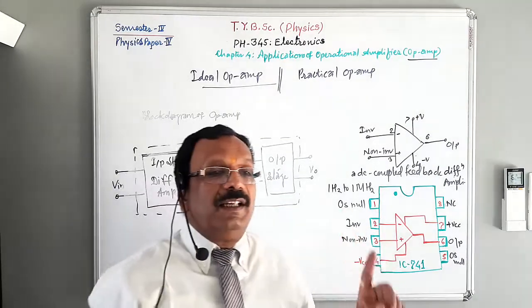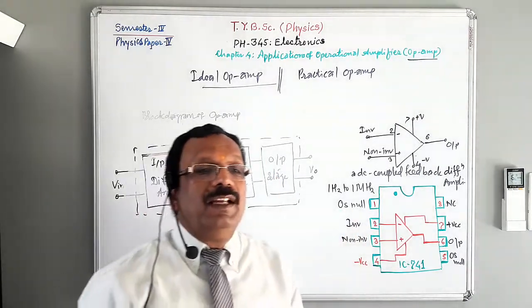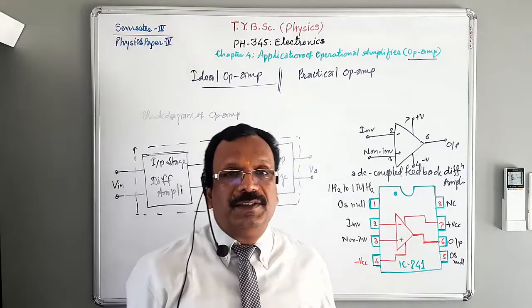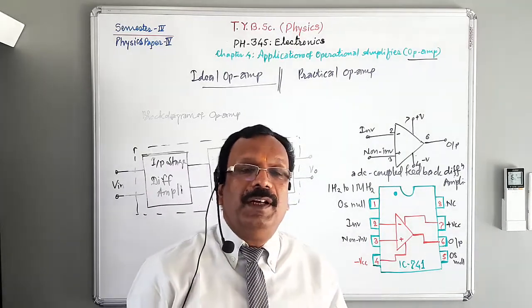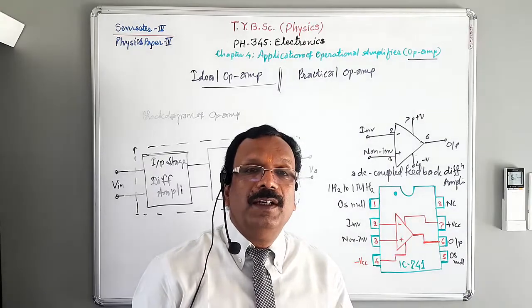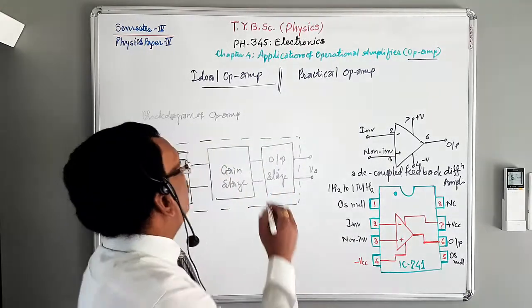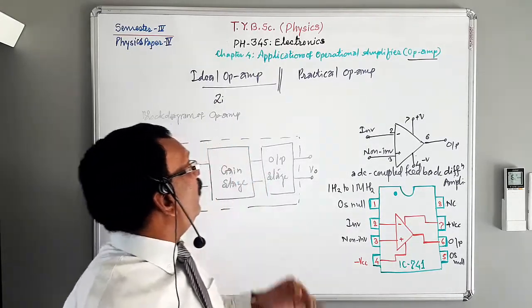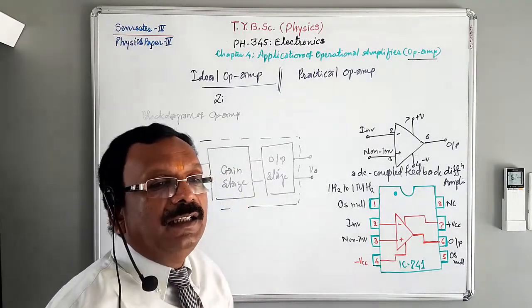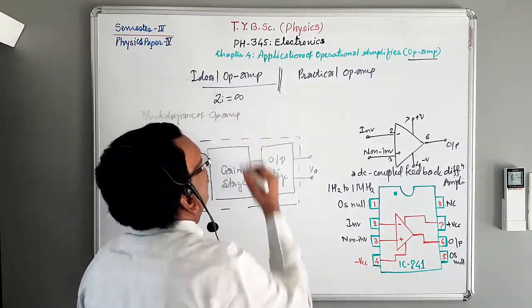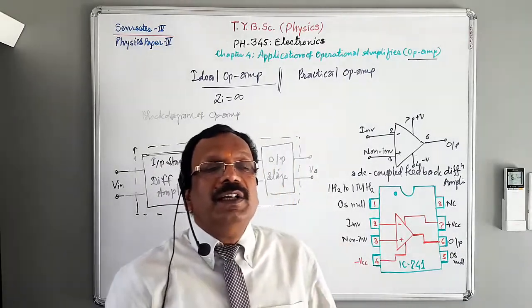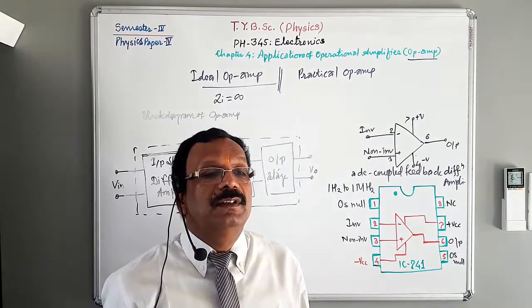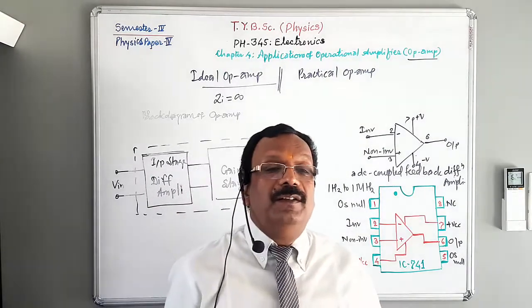The first parameter or characteristic of an ideal op-amp is that it has infinite input impedance. Impedance is the reciprocal of resistance, and the input impedance of an ideal op-amp is represented by Zi, and this is always infinite. This ensures that no current flows into the amplifier input terminal.